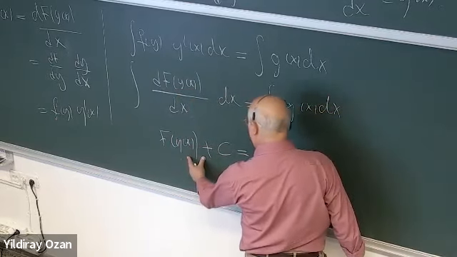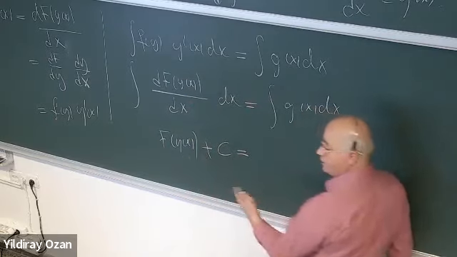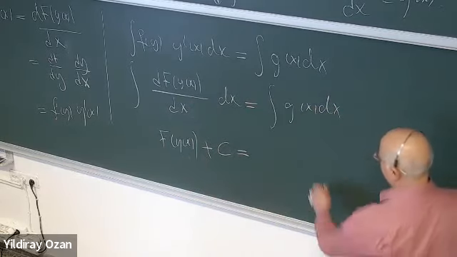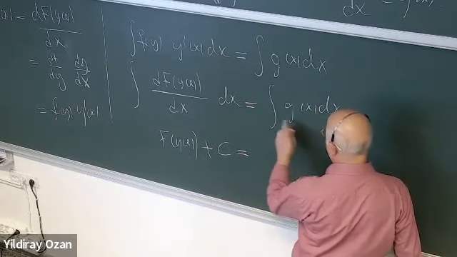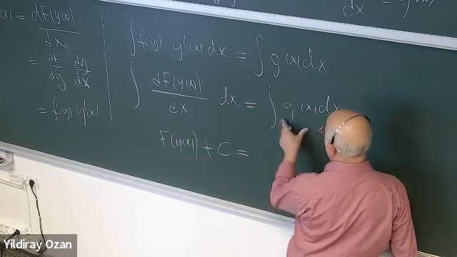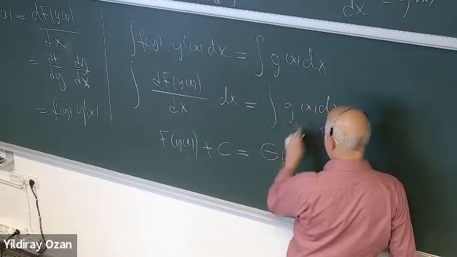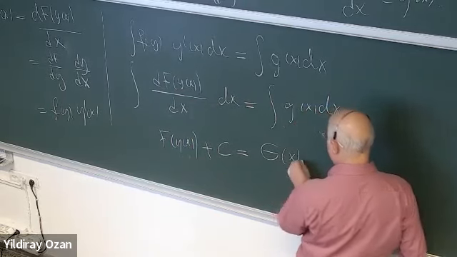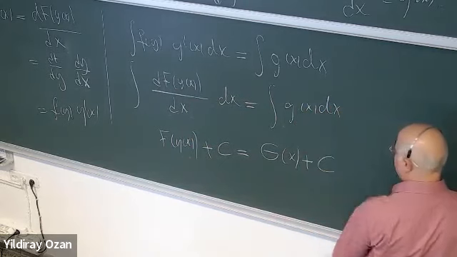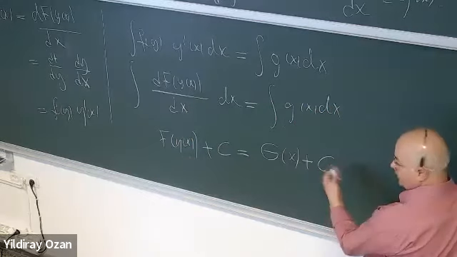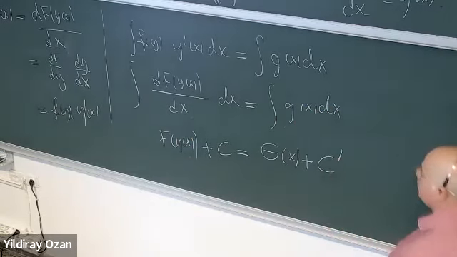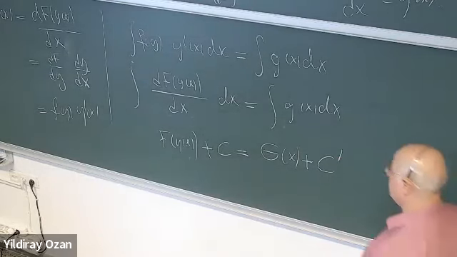You find one antiderivative and add any constant to that, you get all the other antiderivatives. This is also just antiderivative of this gadget, which is G of x plus some other constant. Not necessarily the same constant, of course. We just add another constant.